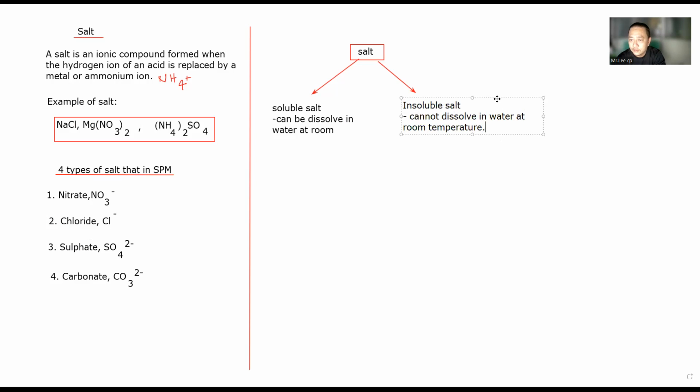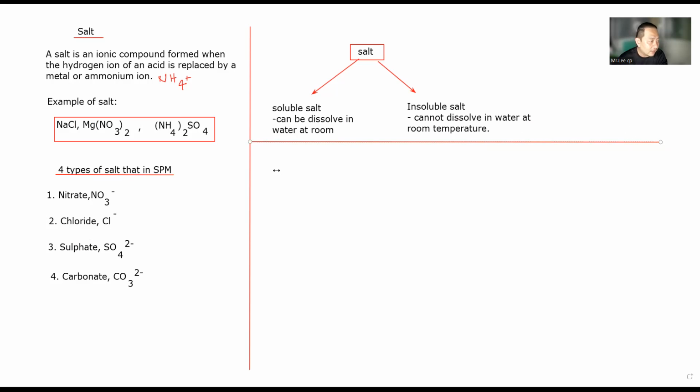Now, it is important for you. I want you to memorize which salt is soluble and which salt is not soluble. So first of all, we are going to talk about sodium.